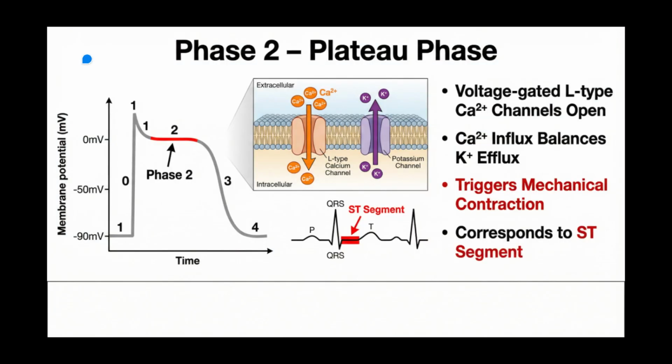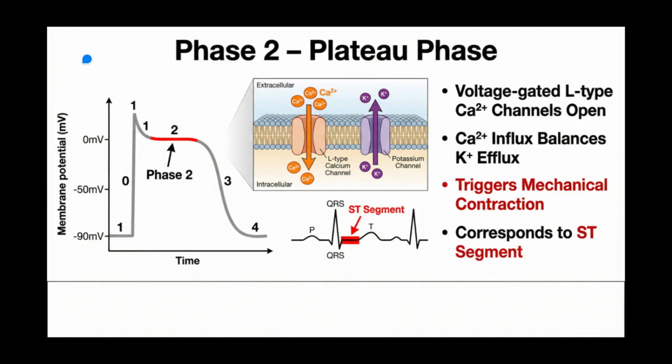Phase 2, plateau phase. This is the most important phase for understanding contraction. Here is what happens. Voltage-gated L-type calcium channels open. Calcium enters the cell. At the same time, potassium leaves the cell. These two movements balance each other, producing a plateau. This calcium influx triggers calcium-induced calcium release from the sarcoplasmic reticulum.